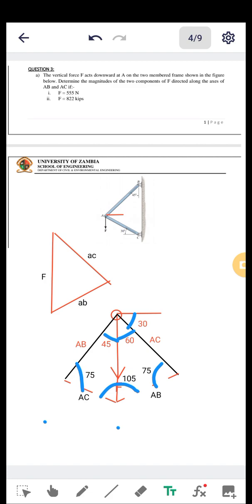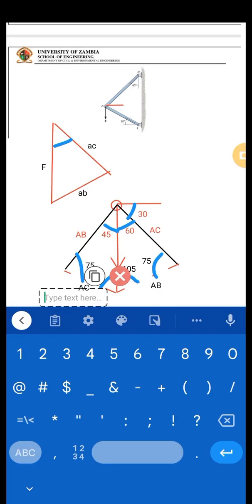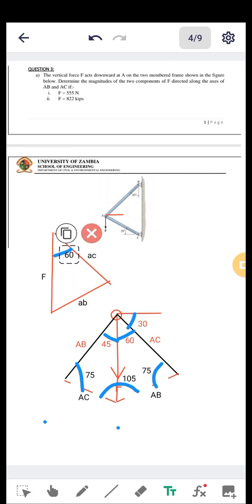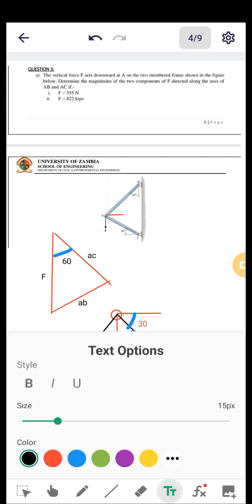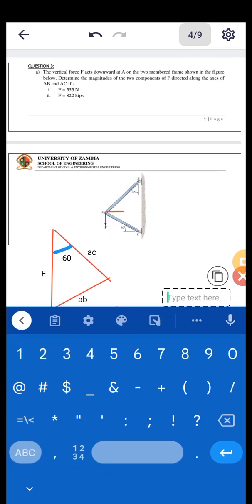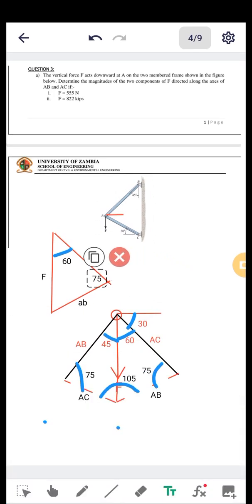The angle there, as you can see, we have 60. Then here we have 75. To find the other angle, we know that this 105 was connecting 2 points.